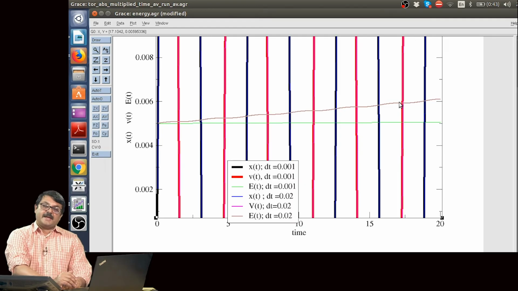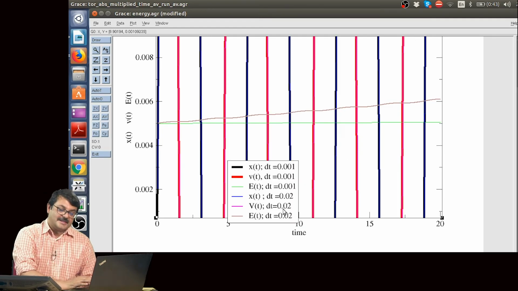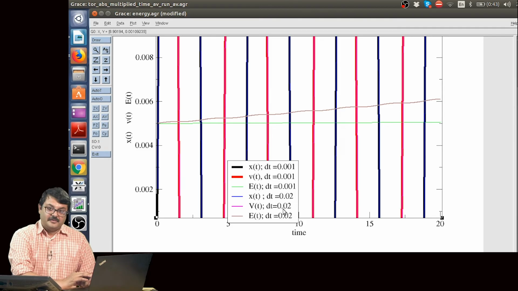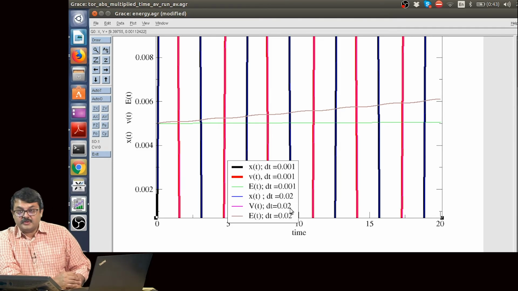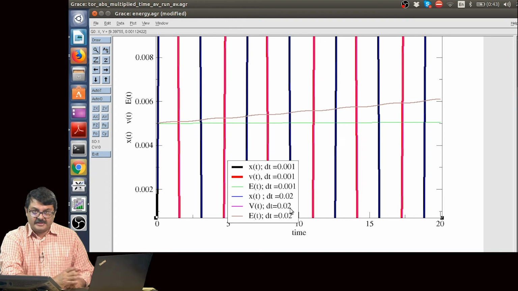Now suppose we did exactly the same calculation with Runge-Kutta, with h equal to 0.02. It is a much higher interval, and you have to take only 1000 iterations.